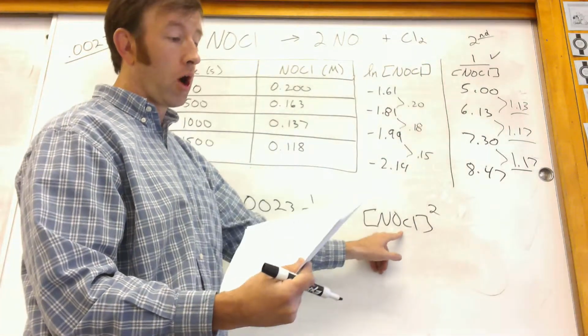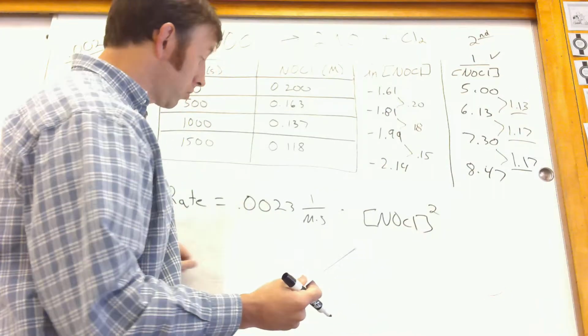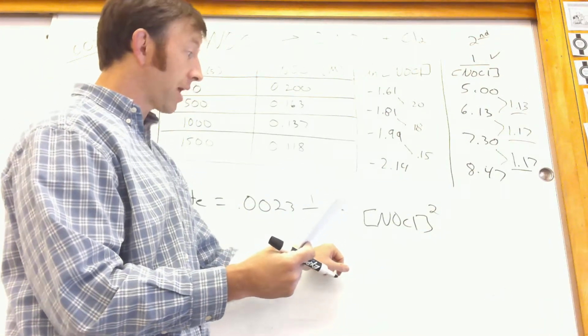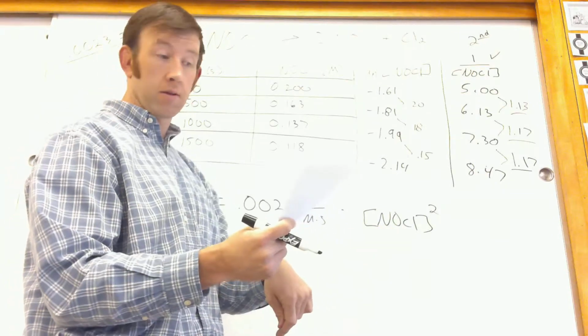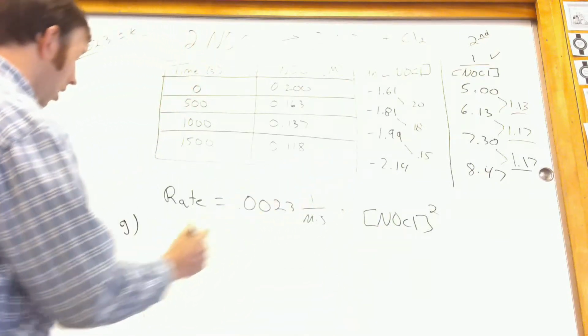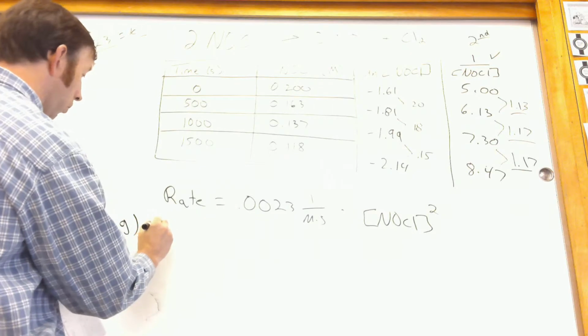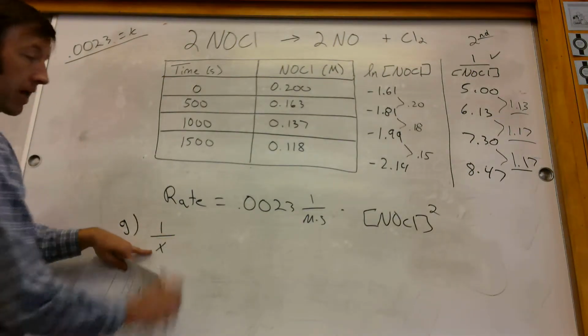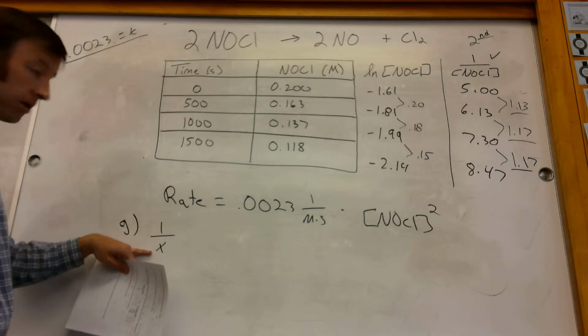I'm going to use my inverse rule here to figure out my molarity, and then plug that molarity in there when I'm ready. So I'm going to go 1 over x, since I don't know my molarity at 1,550 seconds yet.